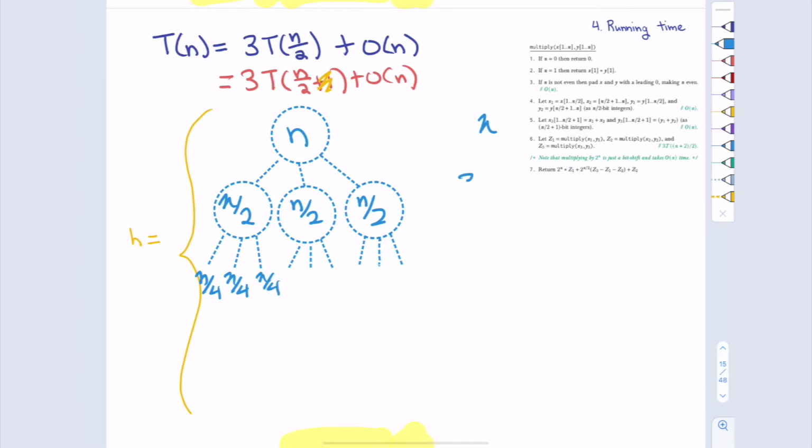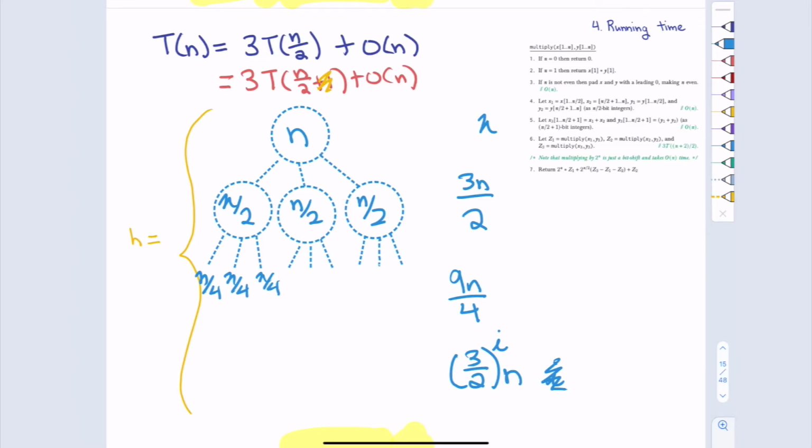So this will give me 3n/2. This will give me 9n/4. But in general, if I'm looking at the ith level, what would be the work per level? What's kind of the pattern? Okay, so every time it's going up by a factor of 3/2. So the geometrically increasing sequence.